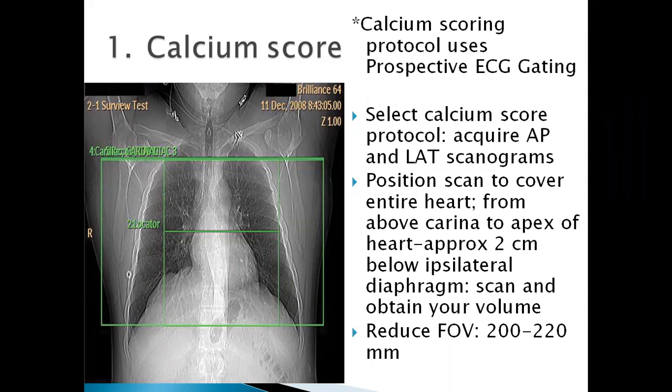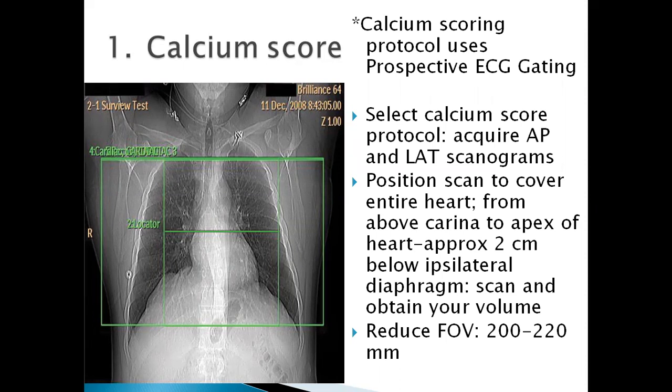You position your scan to make sure that superiorly you go above the carina, and inferiorly you include the apex of the heart, but sometimes you may not really see it. So the general rule is that you go 2 centimeters below the diaphragm on the same side of the heart. For dextrocardiac patients, if the heart is on the right, then you're using your diaphragm on the right.